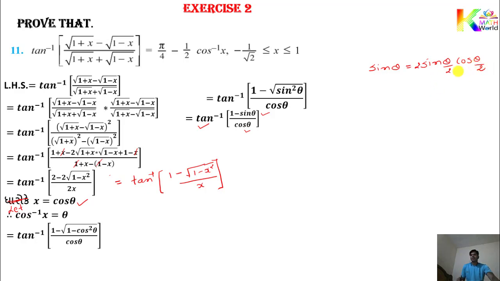So as you get half angle, 1 can be written in half angle format like this, cos square theta by 2 plus sin square theta by 2. One can be replaced by this one. Sin theta can be replaced by this one. So according to that, we can also replace the formula for cos theta also. Okay, so firstly cos theta.